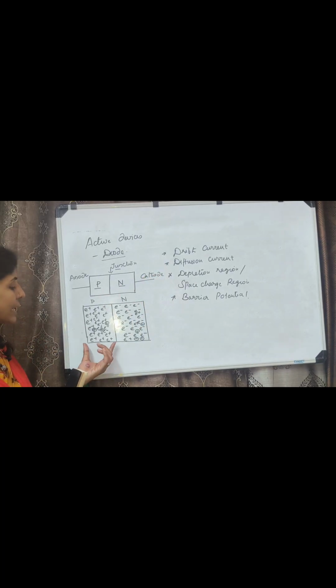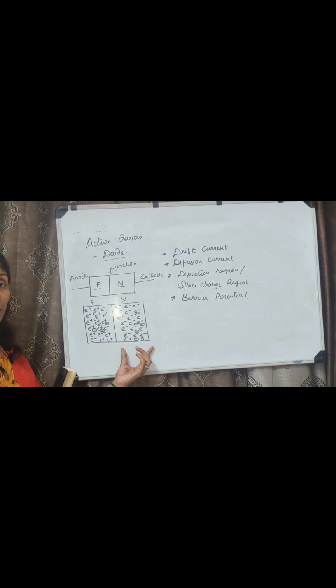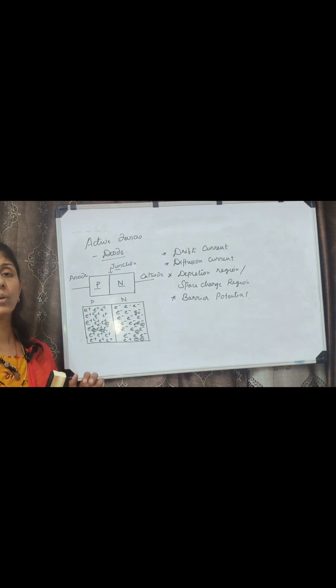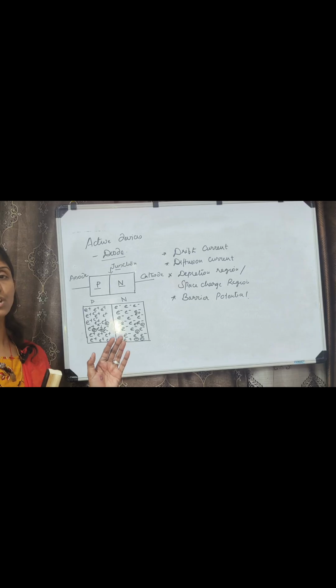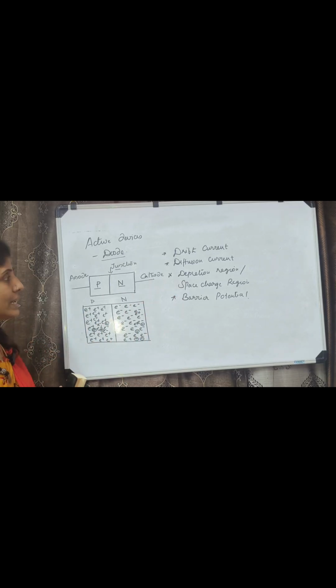Already you know, in the p-type semiconductor, holes are the majority charge carriers and electrons are the minority charge carriers. In the n-type semiconductor, electrons are the majority charge carriers and holes are the minority charge carriers. Already you know current. What is a current? Movement of charge carriers. If the charge carrier is moving from one place towards another place, we call it a current.